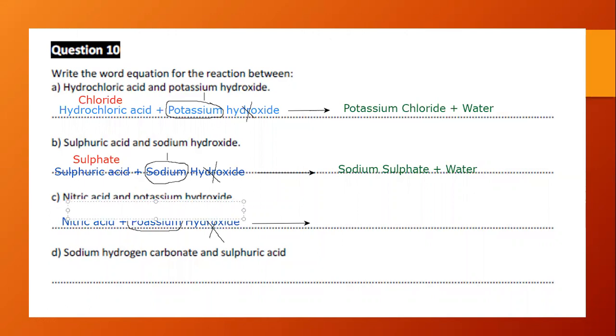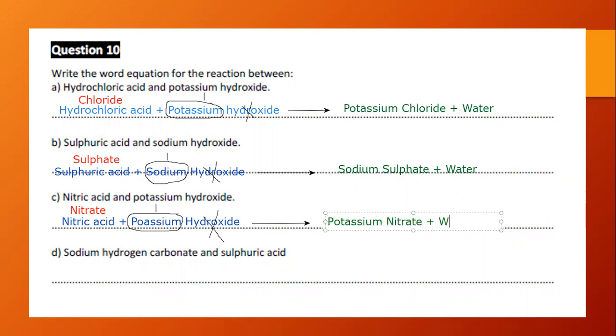How did I know? From the table. I memorized the table, and now I know that if the acid reacting is nitric acid, the second part of my salt will be nitrate. So this means that my salt is called potassium nitrate. And what will be the other product? Water.